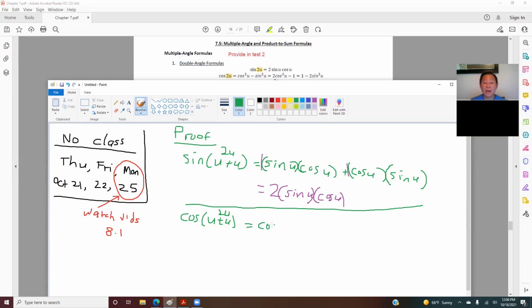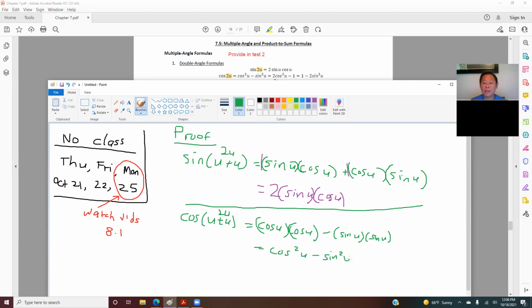So this is cosine u times cosine u, and then you change your sign to minus sine. So this is the formula we apply from 7.4 here. And when you multiply, this is cosine square u minus sine square u.